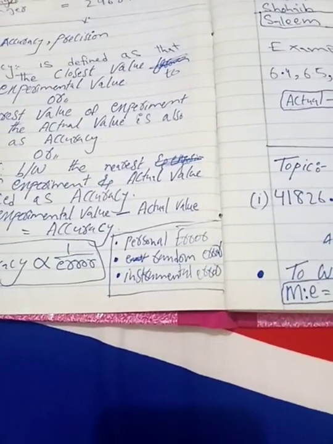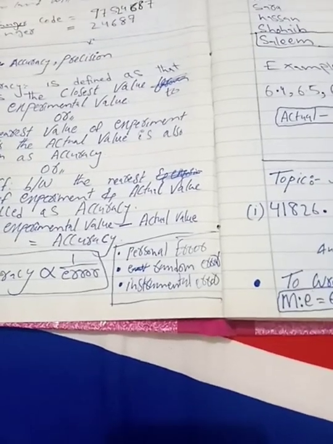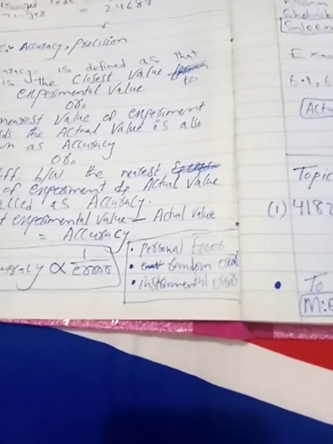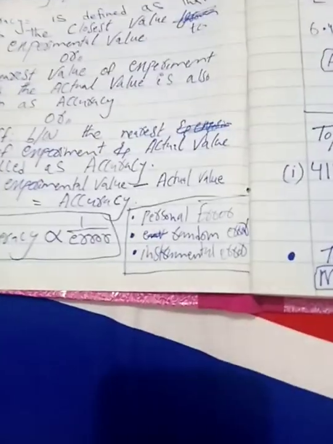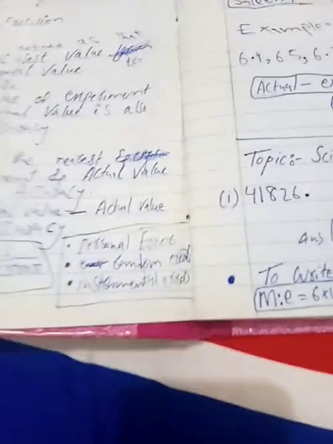The last one is instrumental error. It happens because of the instrument; if the instrument is not good, then a person error could happen there. Okay, the other topic is precision.